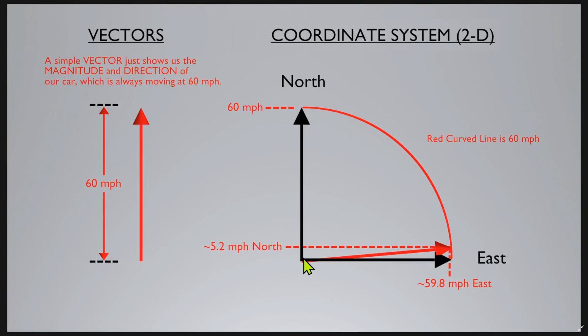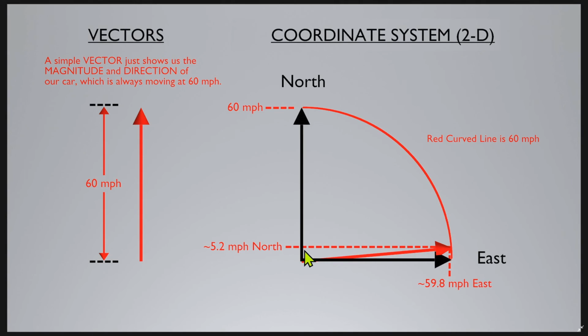Let's look at just one more. There we have 59.8 miles an hour headed east, but 5.2 miles an hour headed north. This vector now is laying at only about a 5-degree angle. And so if you get down to a 5-degree angle, you're headed very much east and hardly north at all.